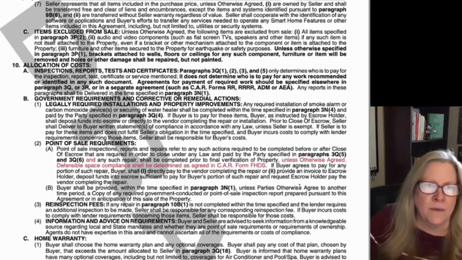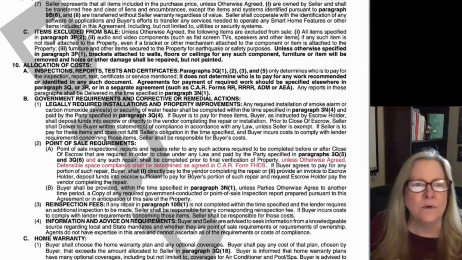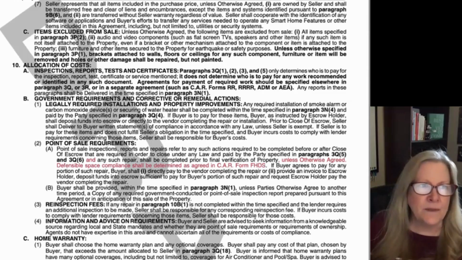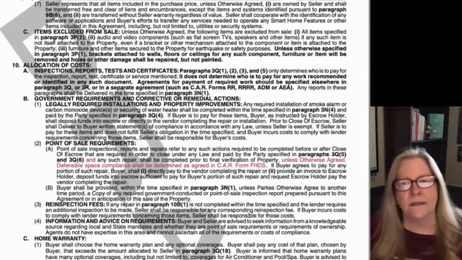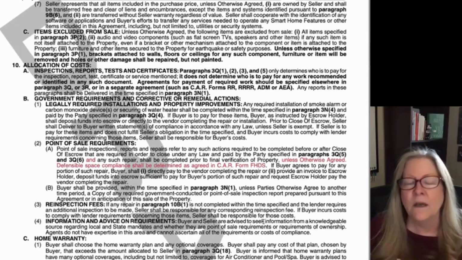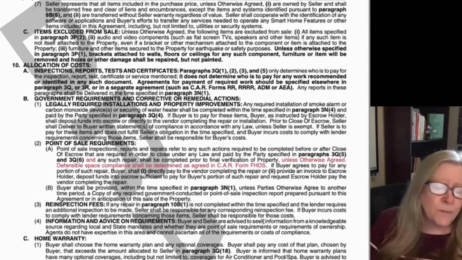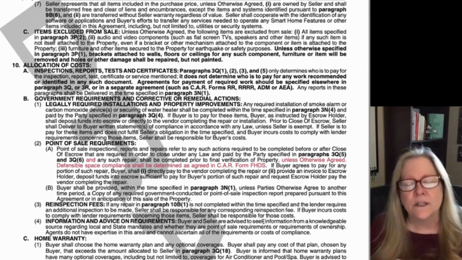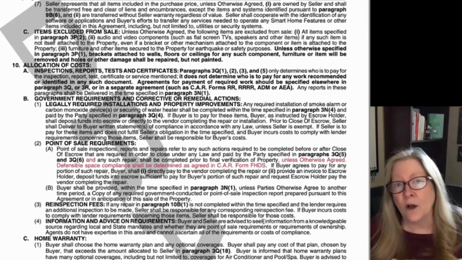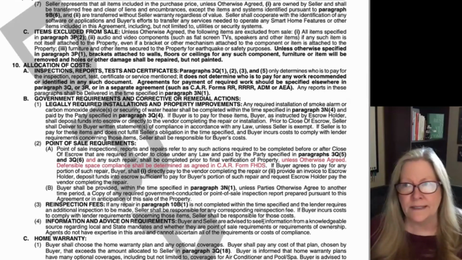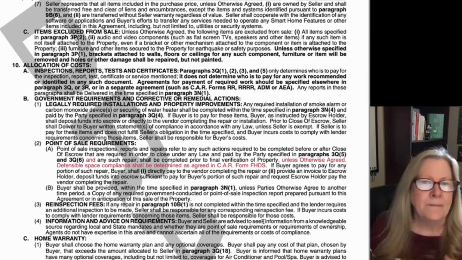And just for purposes of anyone new who may not know what point of sale requirements are, this is something that the city or county will require is done prior to a property changing hands. So sometimes a code or something may be in place, such as water saving devices.